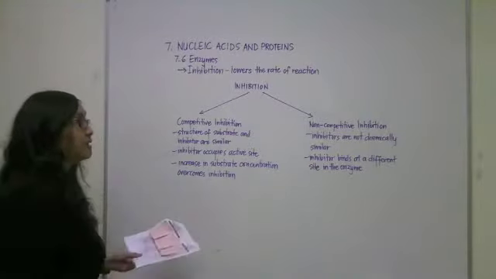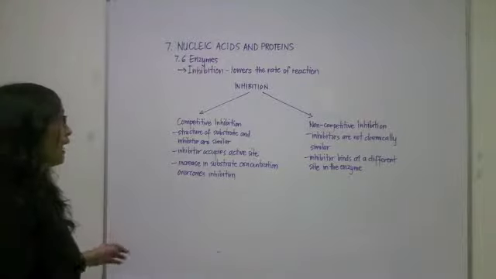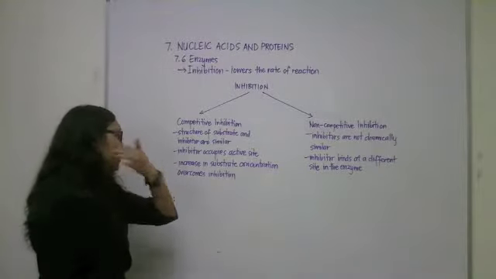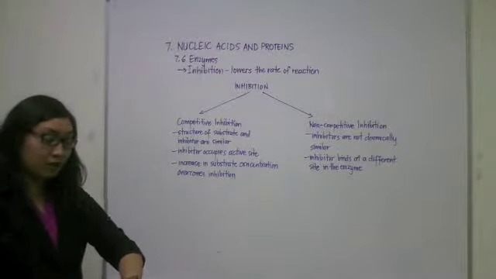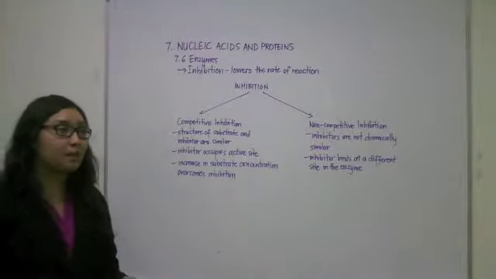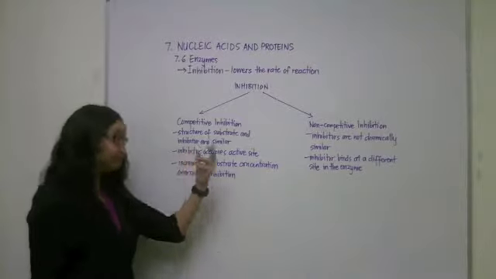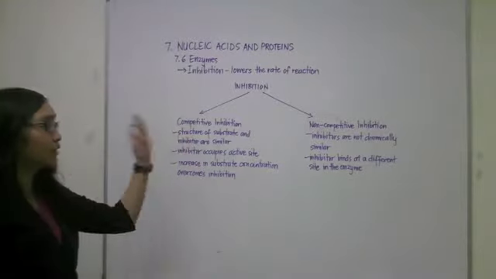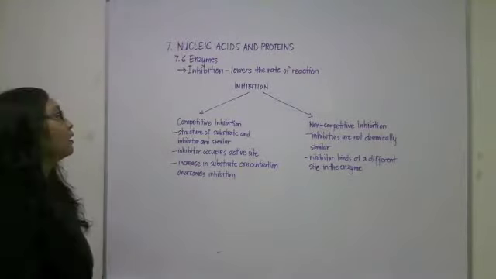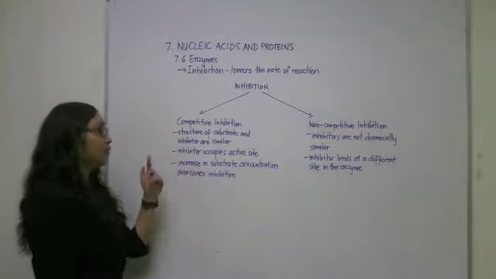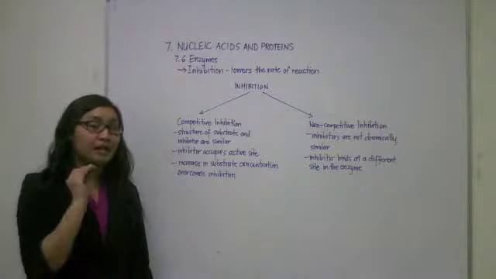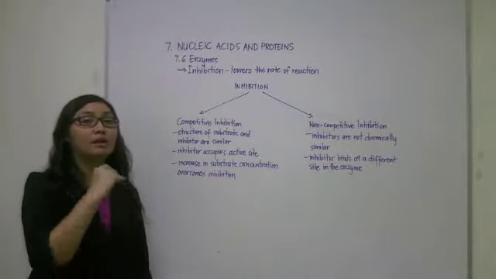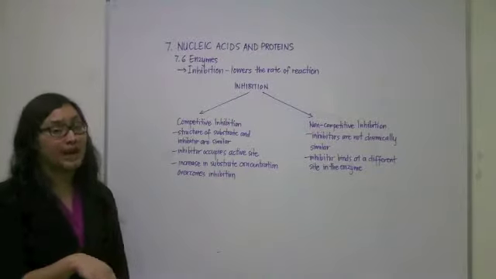So we have two types of inhibition, and we have to discuss their differences. The most common question that students get in this topic is to differentiate competitive and non-competitive inhibition. In the case of competitive inhibition, the reason why it's called competitive is because the inhibitor competes with the substrate for the active site.